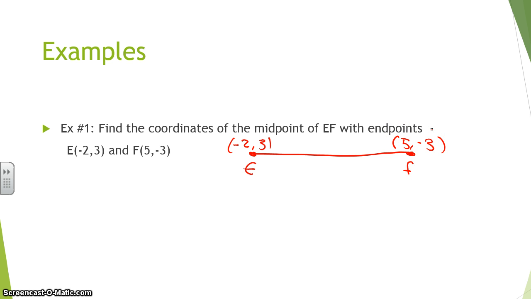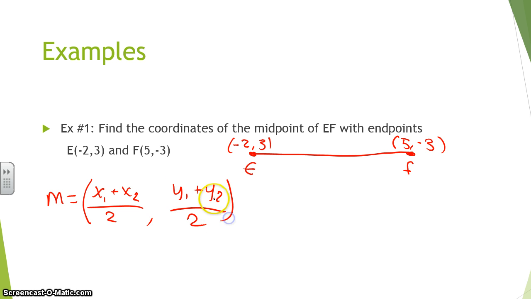We're going to use the midpoint formula, which is M equals (x1 plus x2 divided by 2, y1 plus y2 divided by 2), to help us solve this.